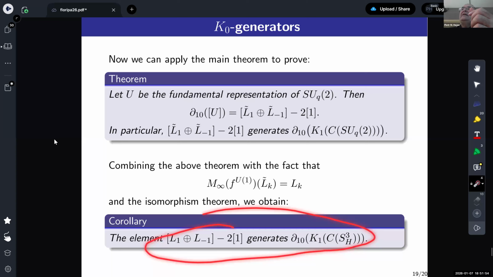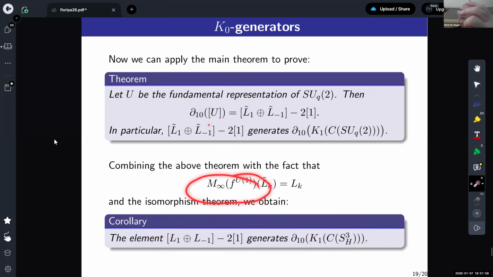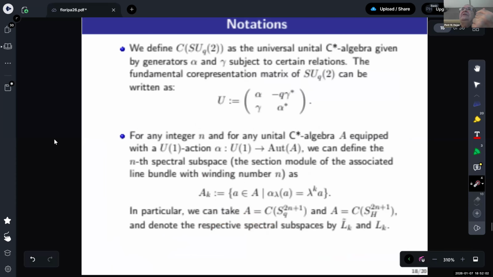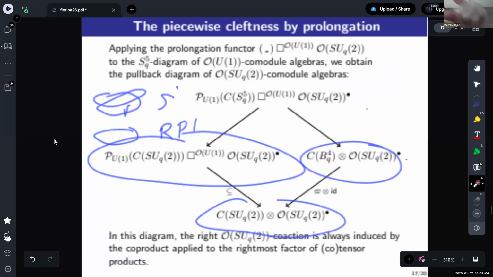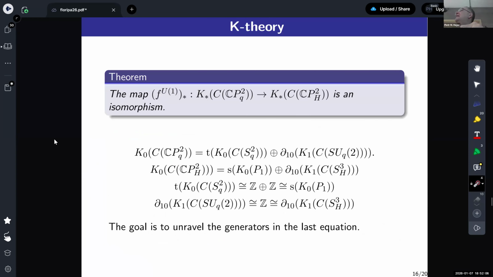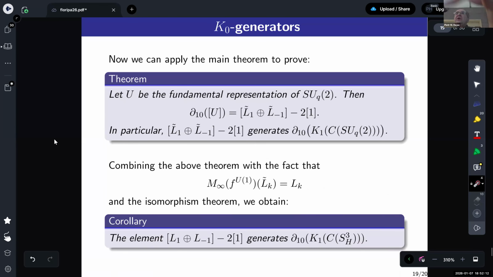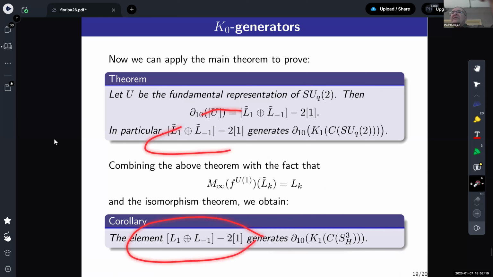Because I apply this here to that formula over there. And because I know this isomorphism, remember, I wrote it for you somewhere here, that this is an isomorphism. I know that generators go to generators. So without knowing that it's an isomorphism, I know that I can map this generator here to an element there, but I know that it's again a generator because this FU1 star is an isomorphism.